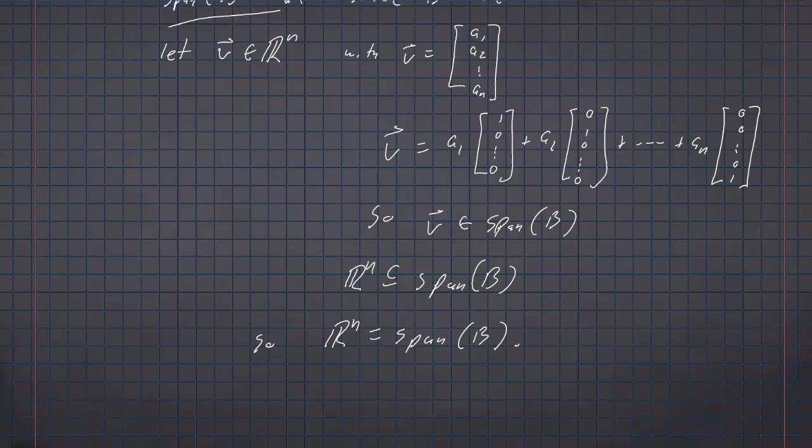We have that B is linearly independent, and we have that B's span is the entire vector space.